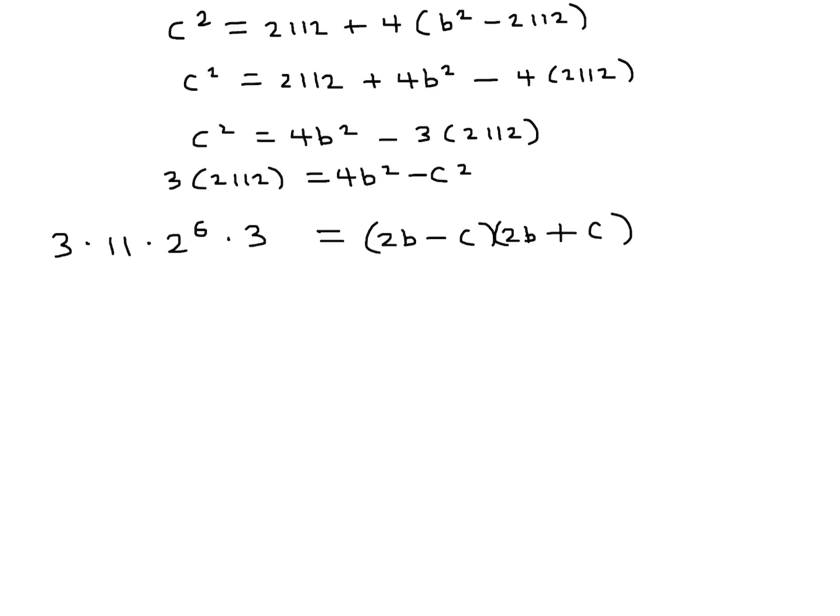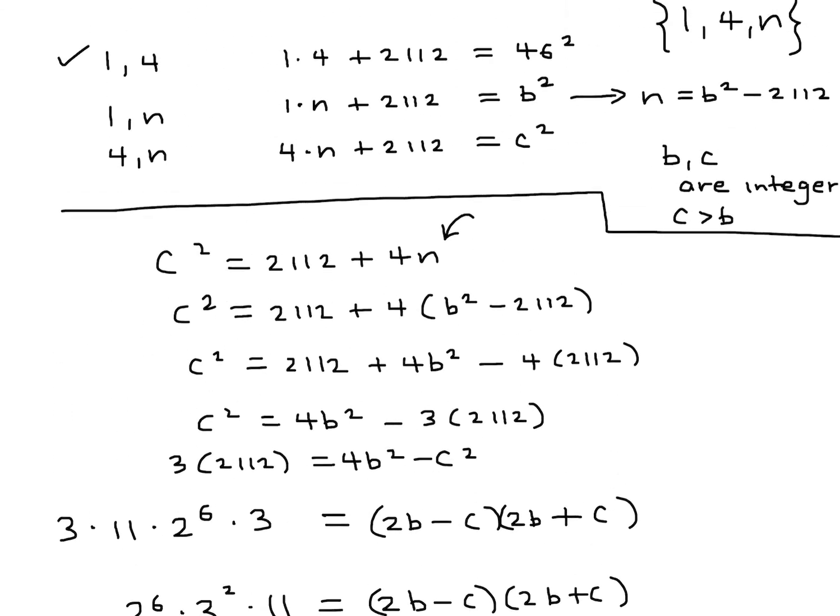And then you get just 1 out of the 3 like that. Yeah, that's pretty much the prime factorization of 2112. So I'll just write it a little bit neater. 2 to the power of 6, 3 to the power of 2, and an 11, like that, is (2b minus c) times (2b plus c). Okay?